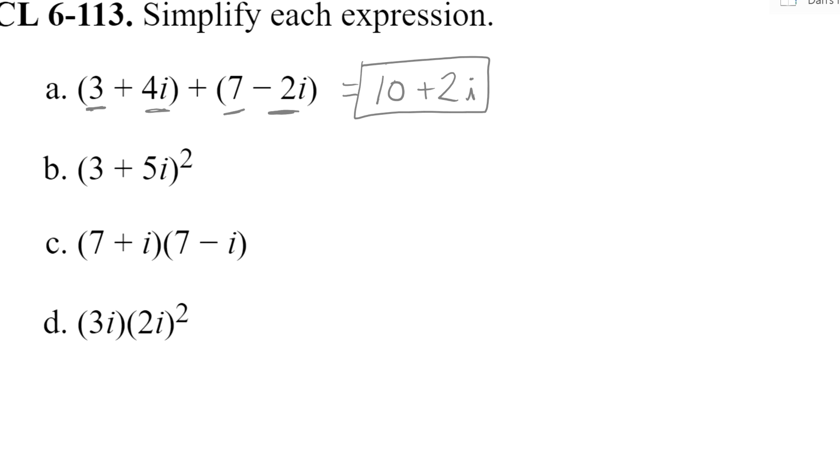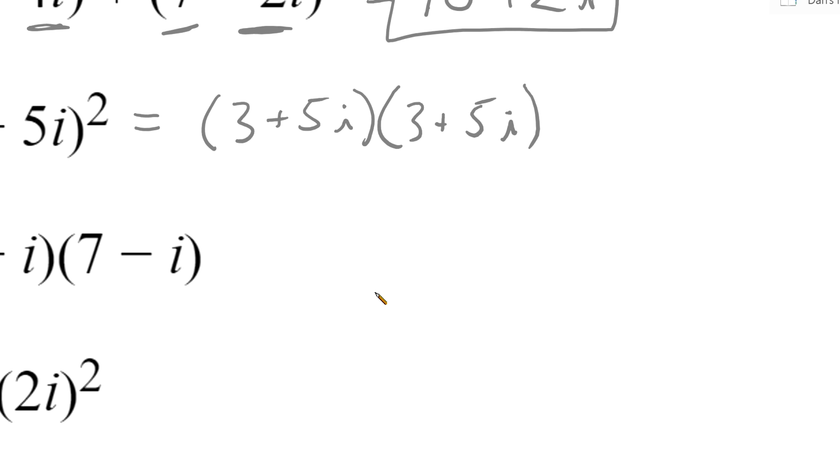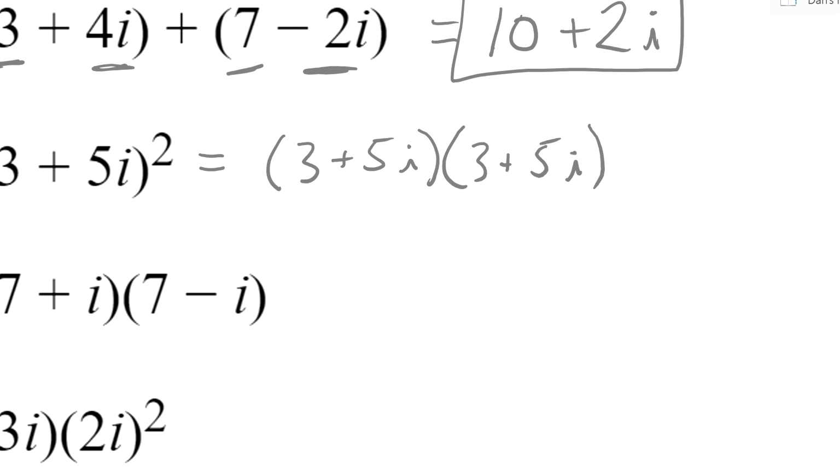Now, B and C, for that matter, have some multiplying here, which makes it a little bit more difficult. This is squared, so we're going to have to square it and then distribute, which is like FOIL, if you guys learned FOIL.